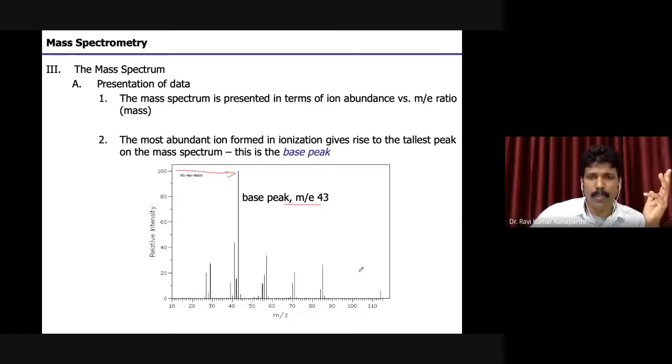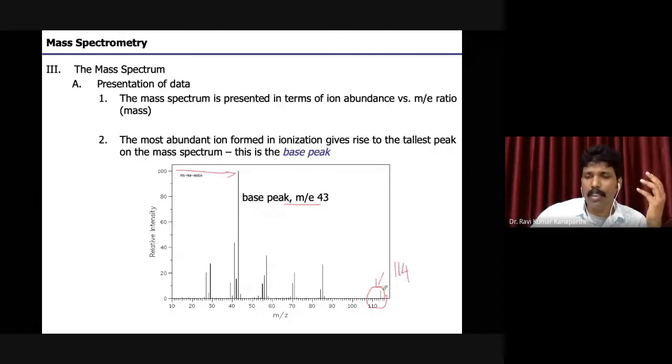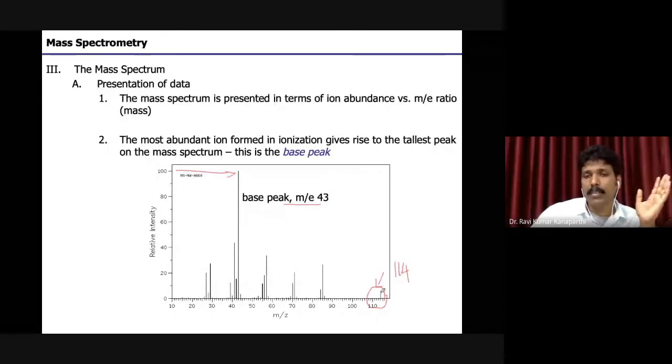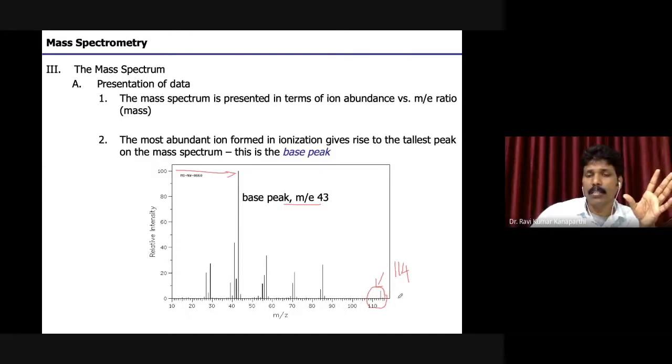You can see there is a peak at 114. This generally is the molecular mass of the compound. The peak you see on the extreme right-hand side is most likely your molecular ion. I say most likely because molecular ions are sometimes associated with isotopic peaks, a concept we will discuss later.